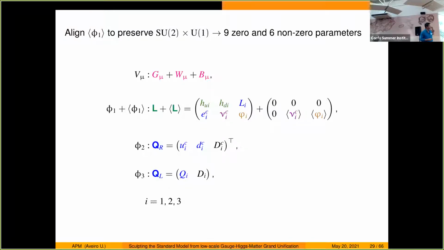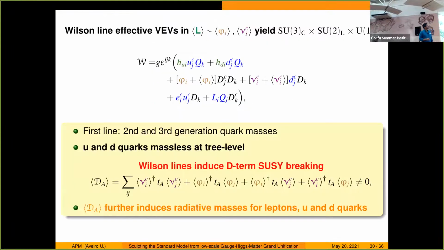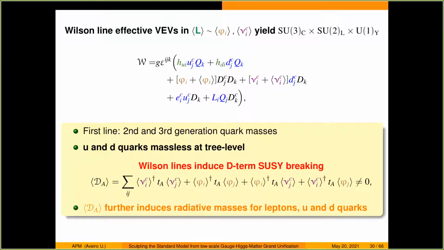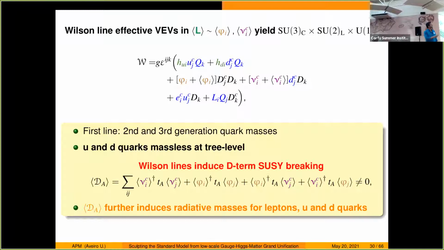Because this is a scale, and there is supersymmetry, like this neutrino direction and this flavon direction. And the superpotential of this model looks like this, written in terms of standard model representations. And here in the first line, these green ones are the Higgs doublets, and we have 6 of them, 3 of each.